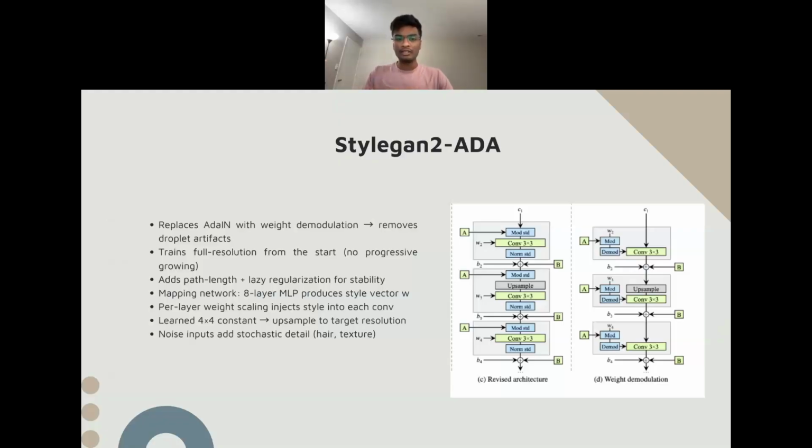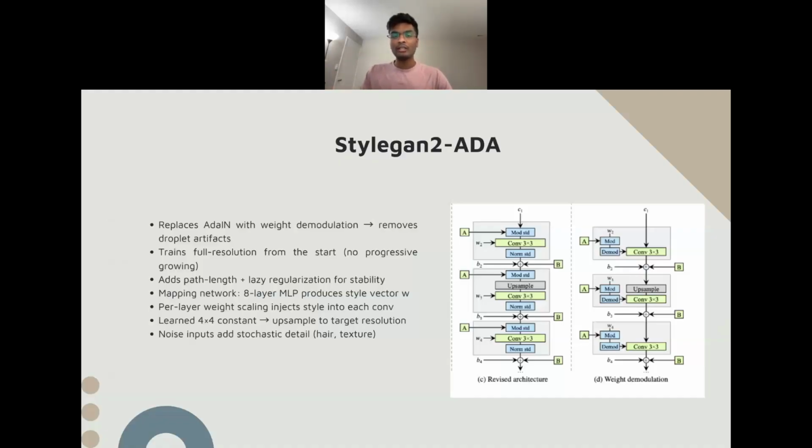This is StyleGAN 2 ADA, which introduces something called weight demodulation. Its predecessor, StyleGAN 1, introduced some artifacts like droplets, and StyleGAN 2's motivation is to remove those droplets and get more realistic outputs.